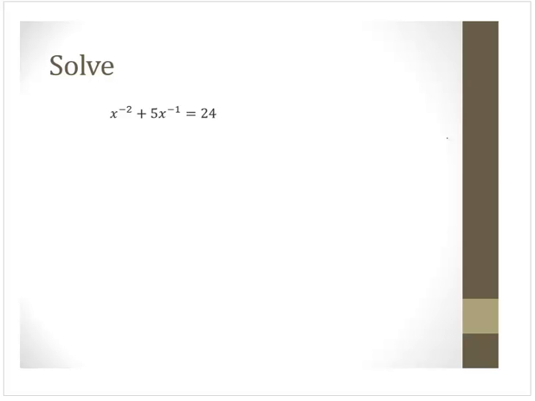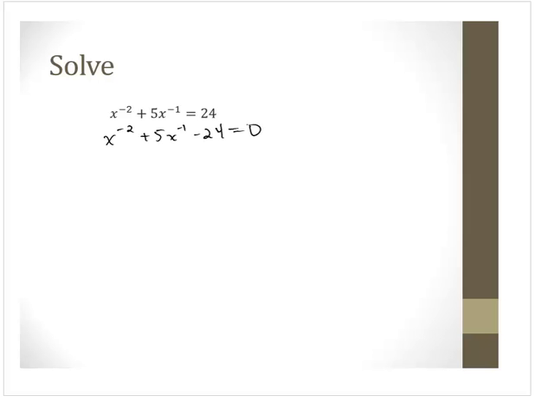Here's a third example. X to the negative 2nd plus 5x to the negative 1st is 24. I'll again put this in a more standard form by first subtracting 24 from both sides. So then we have x to the negative 2nd plus 5x to the negative 1st minus 24 is 0.